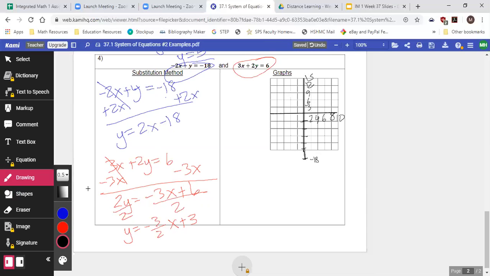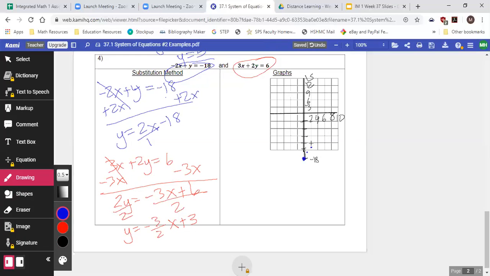So 2x minus 18 is the first equation. So I start at -18 for my y-intercept and go up 2. So 17, 16, and then 1 to the right. And my 16, so go up 2, 15, 14, then 1 to the right.